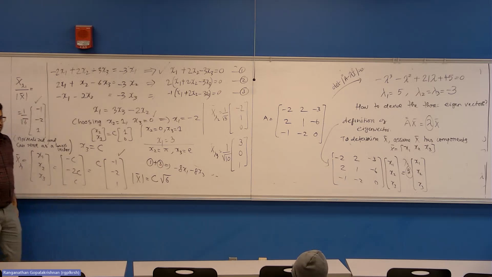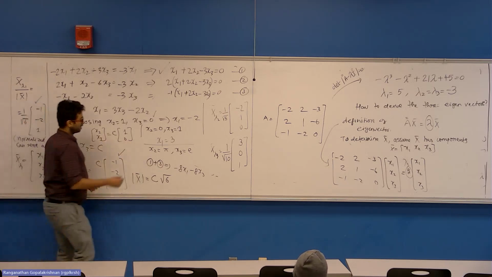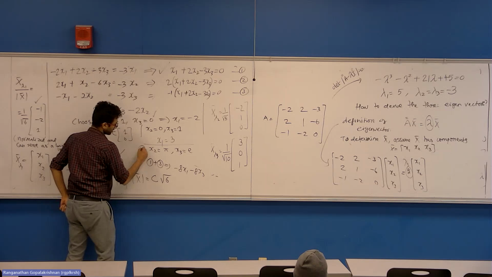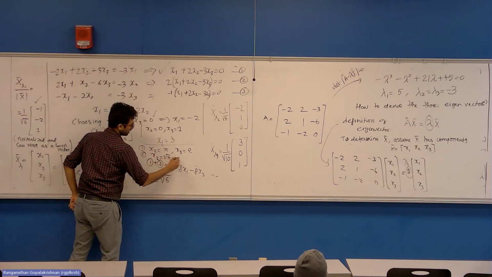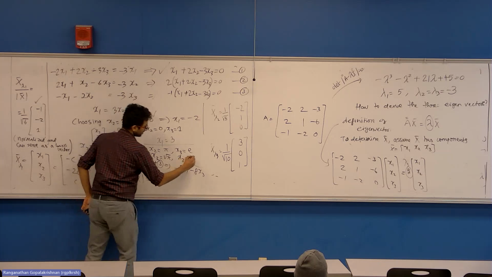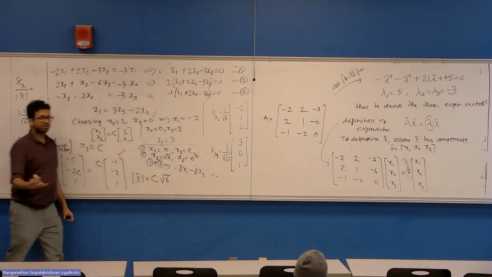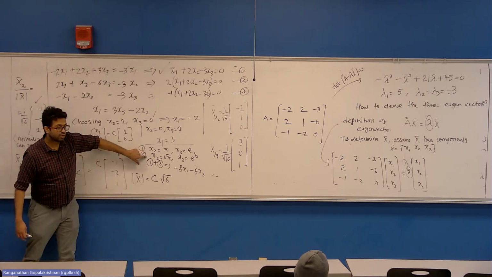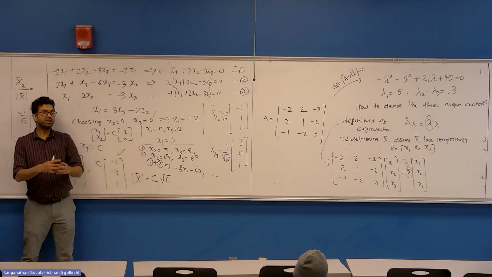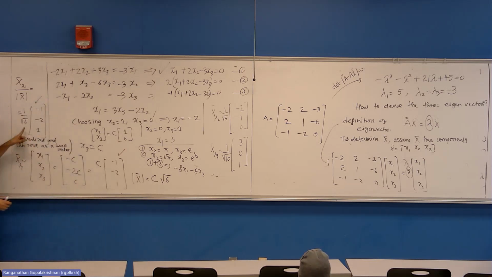Suppose the second choice I make is x2 equals square root of pi and x3 equals cube root of e. Again, these two are linearly independent of each other. So I would be getting a completely different set of eigenvectors. The only common eigenvector is the one corresponding to the first eigenvalue, which is distinct.